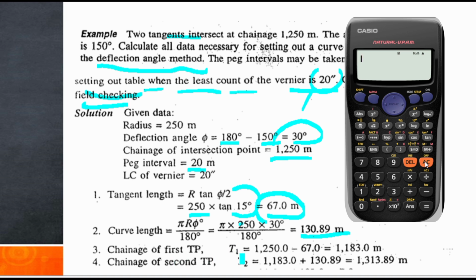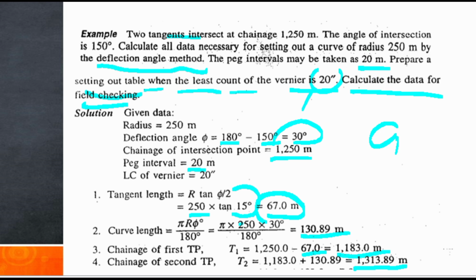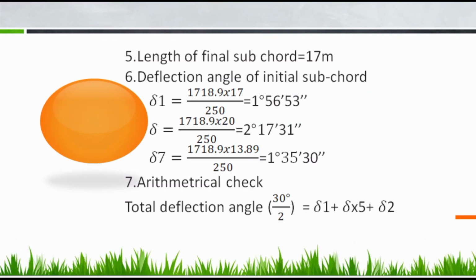Chainage of the first tangent point, T1, is equal to the chainage of intersection minus the tangent length, and you get our answer there. And then T2 is equal to T1 plus the curve length, and by adding the curve length we will have gotten our answers, 13.89 meters.